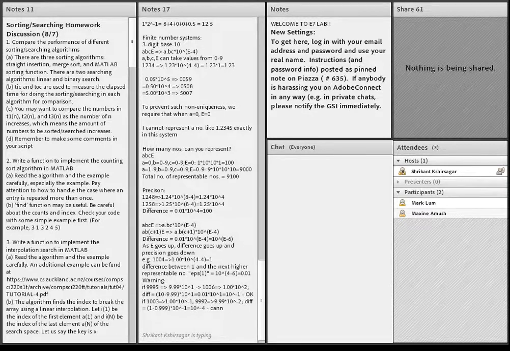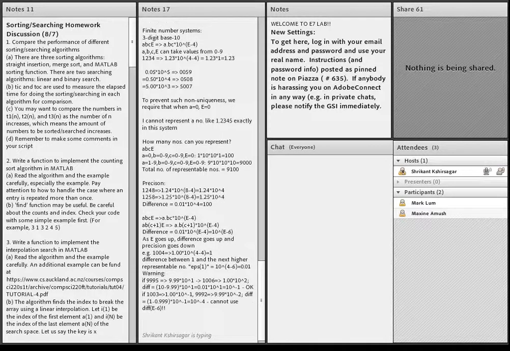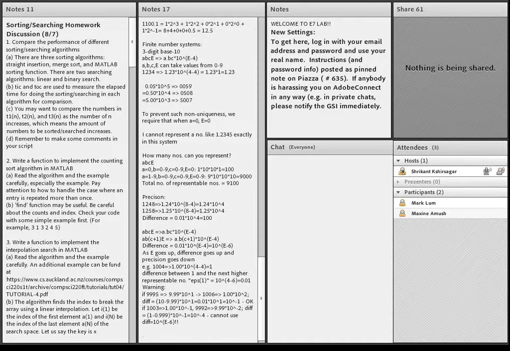So here you cannot use e minus 6 as the precision. Difference equal to 10 raised to e minus 6. So the precision depends on the number you're looking at, specifically the exponent of the base.